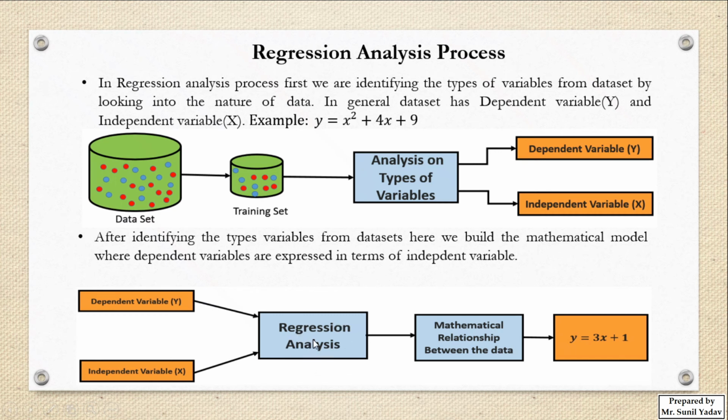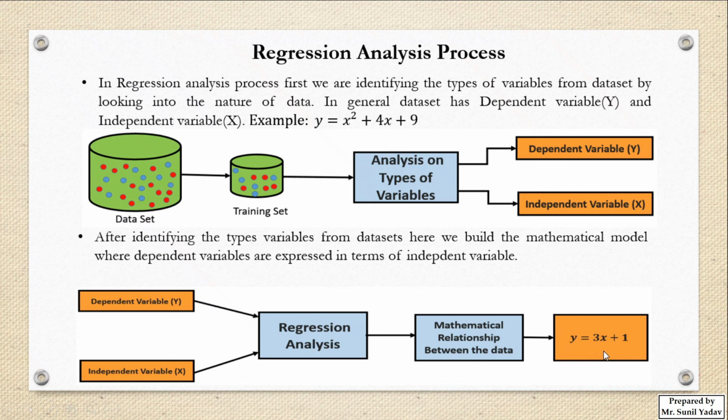The regression analysis algorithm will do the analysis on the variable x and the variable y, in general on the red color data sets and blue color data sets. After the analysis, it forms a mathematical relationship between the data sets, and it identifies that the mathematical model is y equal to 3x plus 1.